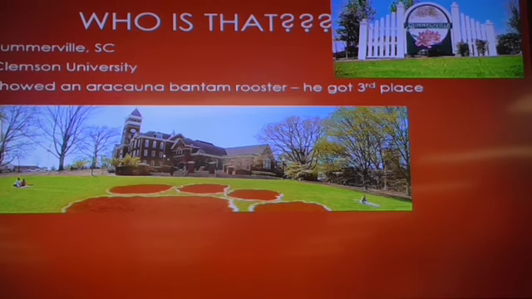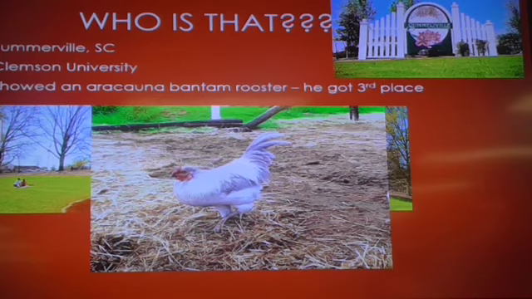Showed an Araucana bantam rooster. We took a class and we had to show basically farm animals. It was stupid, but we had to take care of them. Basically, they wanted free labor. It was called Little North America, and he showed all the animals. Out of all the farm animals, his name was Esteban. He got hurt.